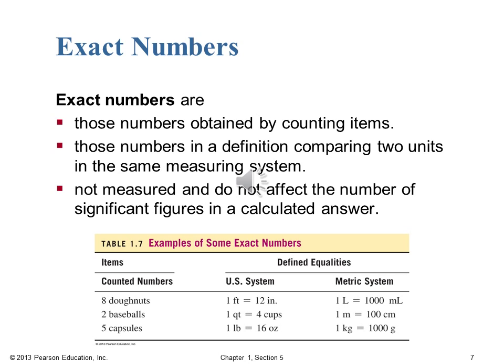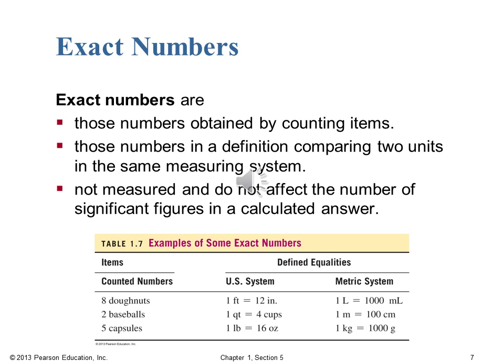So if you have exactly 12 items, then that 12 isn't just 2 sig figs, it's considered infinitely significant. Likewise, those numbers in the definition comparing 2 units in the same measuring system are infinitely significant. So 1 kilogram is exactly 1,000 grams. It's not just 1 sig fig or 4 sig figs for that 1,000. It's an infinite number of sig figs.